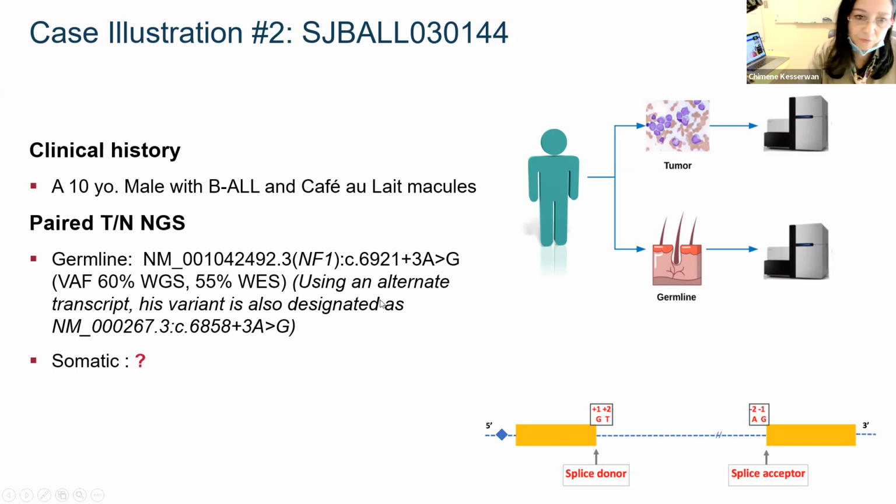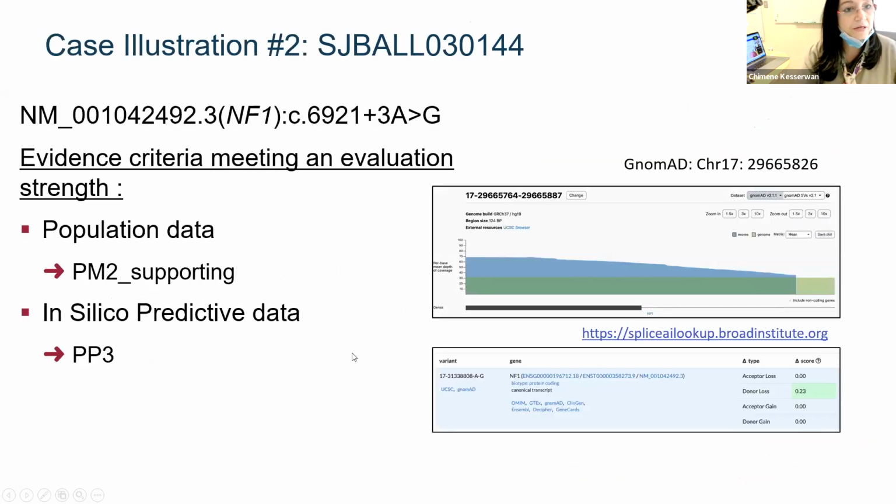Sometimes it's mentioned one way or the other. And as you know, ClinGen recommends you use the MANE Select transcript or the canonical transcript. Now, before going to the somatic, let's do the germline variant curation before integrating the somatic data.